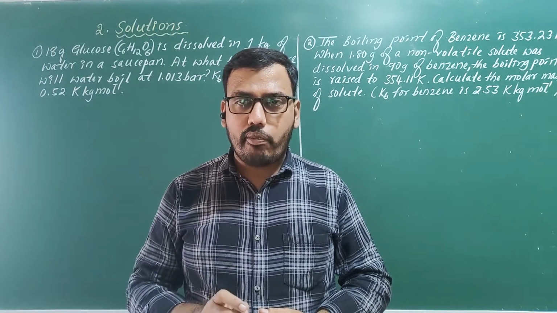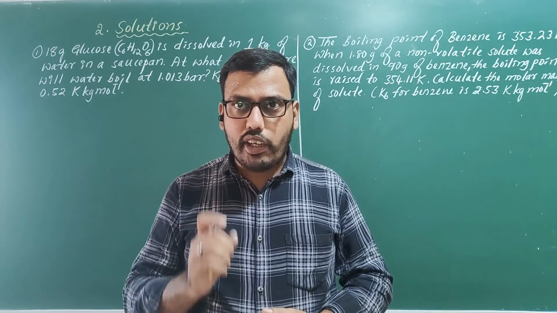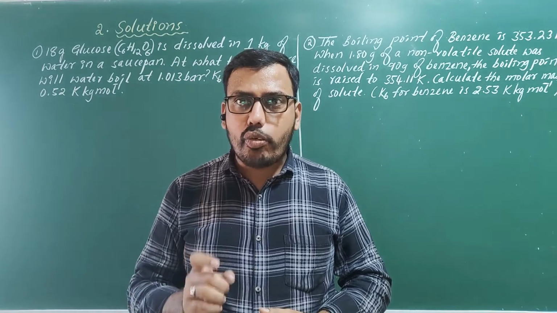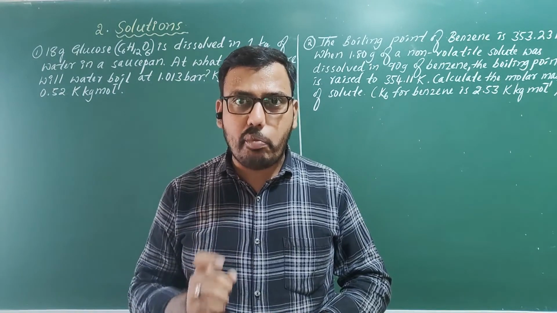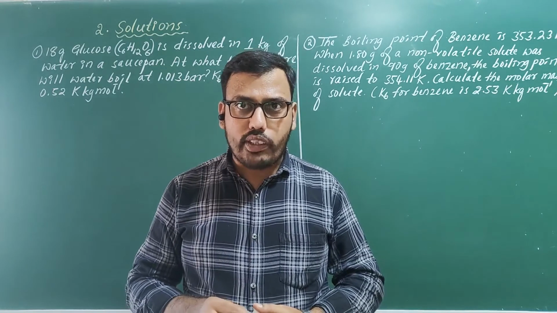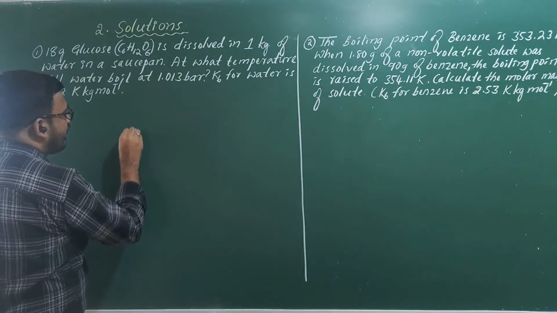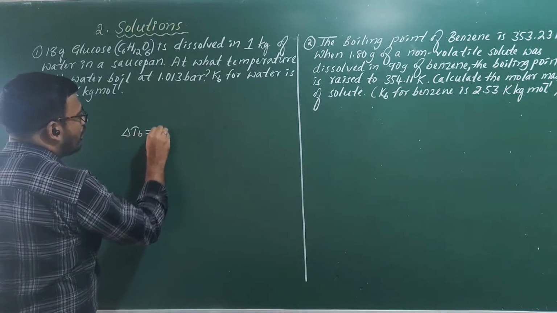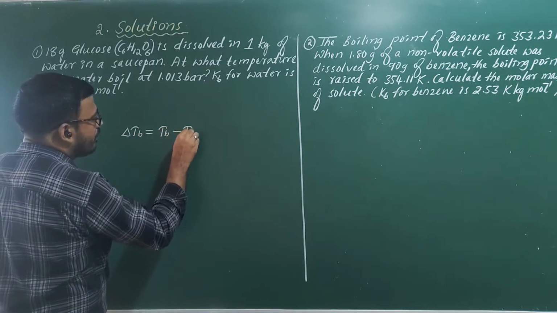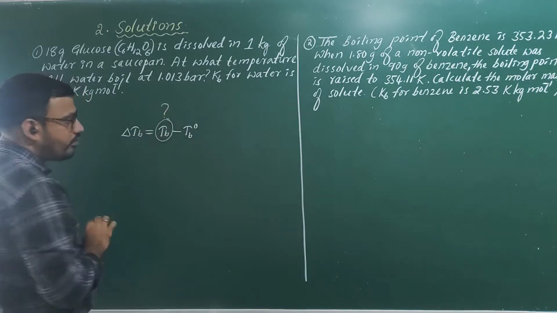Therefore, in order to calculate the TB value, that is the boiling point of solution, first you need to calculate delta TB, the elevation of boiling point. We know that delta TB is equal to TB minus TB naught, and we have to find out TB.